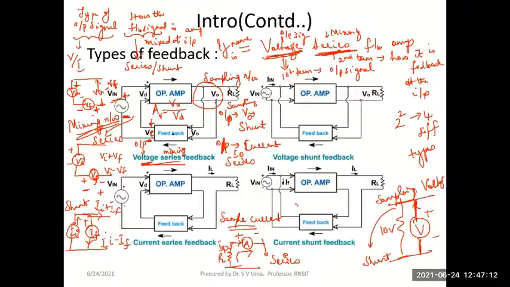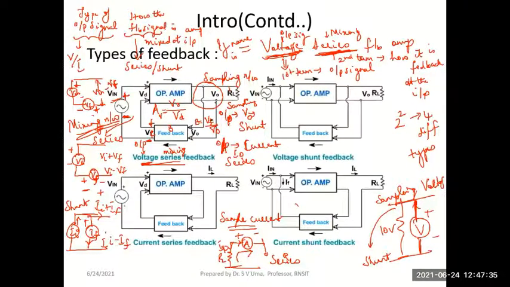Similarly, this feedback network, remember what is the transfer function of the feedback network? We used to call it B or beta. The transfer function of the feedback network is the ratio of the output of the feedback network, which is Vf, to the input of the feedback network, which is Vo.